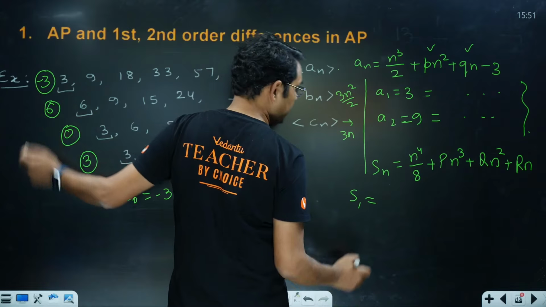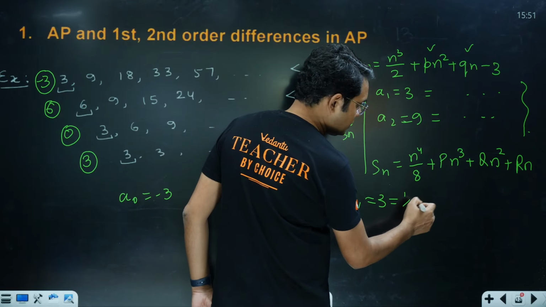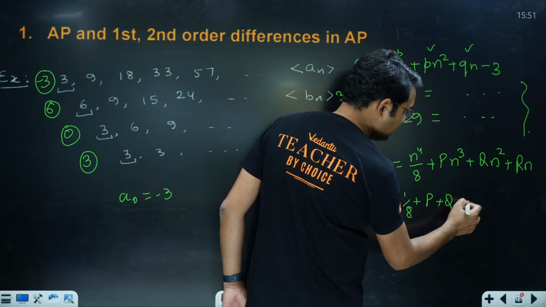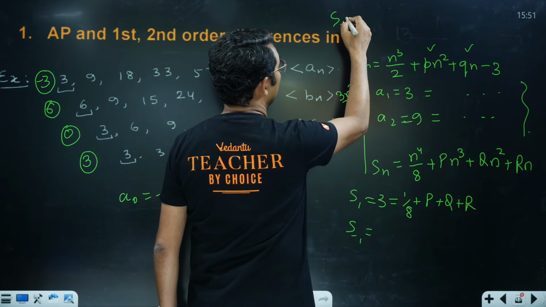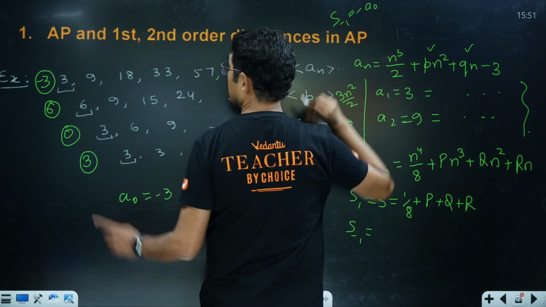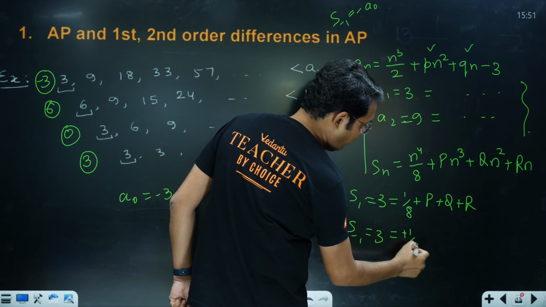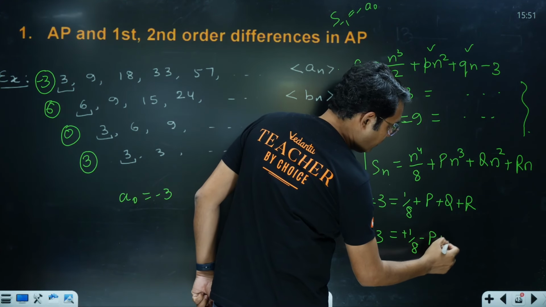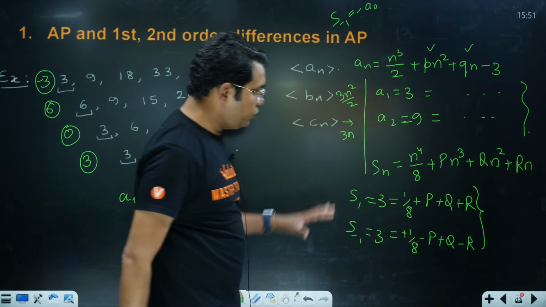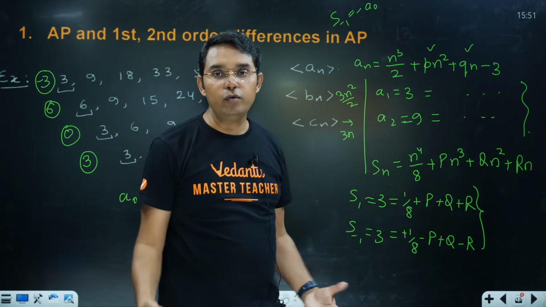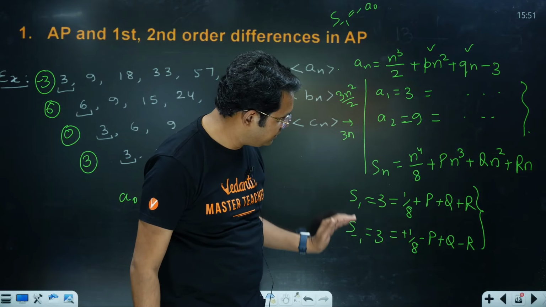S1 will be just the first term, 3, and that is equal to 1 by 8 plus p plus q plus r. Then S minus 1. As I have told you, it is always minus A0. So minus A0 means it will be 3. So it will be plus 1 upon 8 minus p plus q minus r. Using these two, if you just add them, I think the q value is found, isn't it? The q value is directly found. So it will be 6 on this side.